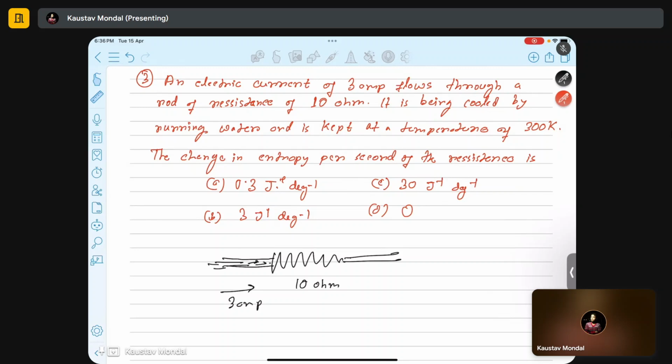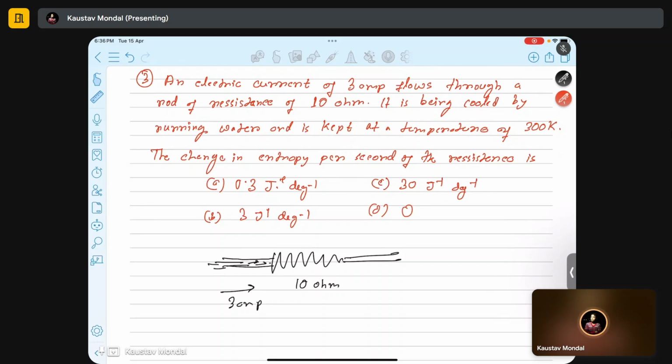So the temperature of this resistance is kept constant at 300 Kelvin. That means throughout the time, the resistance is kept at a steady state.